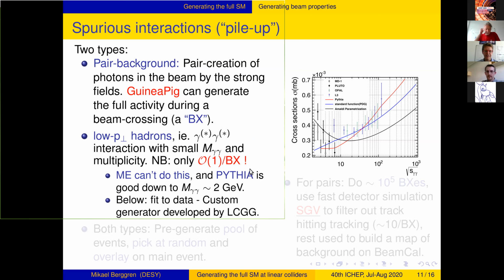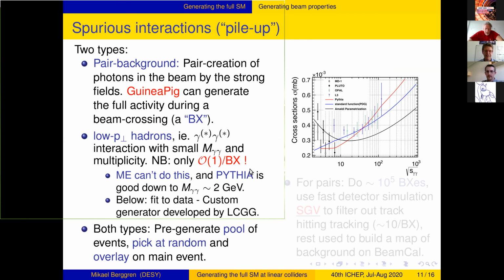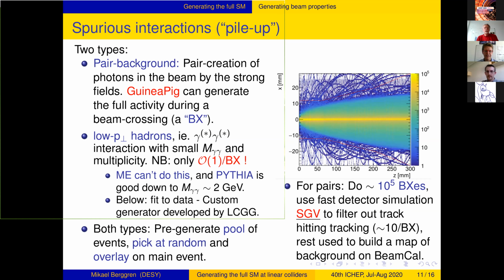So for both types, we create pools of events that are randomly picked and then overlaid on the physics events. For the low pT hadrons, this is rather straightforward. For the pairs, what we do is feed them through the fast simulation program SGV to pick the few tracks that would actually enter the tracking, which would be the tracks up here in the corner.